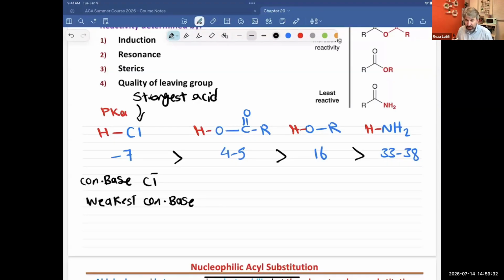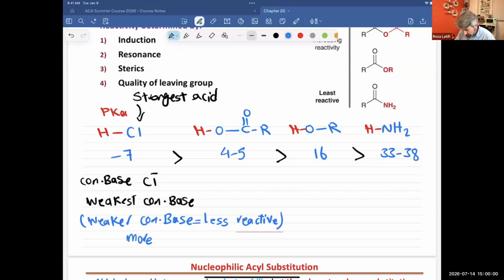Weaker conjugate base means more stable or less reactive. So let's write this: weaker conjugate base means less reactive, which is equal to more stable.